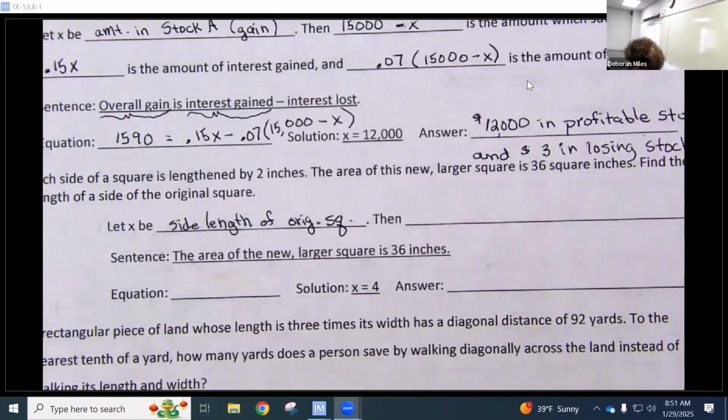And what can we deduce from that? If each side of the square is lengthened by 2 inches. Okay, perfect.